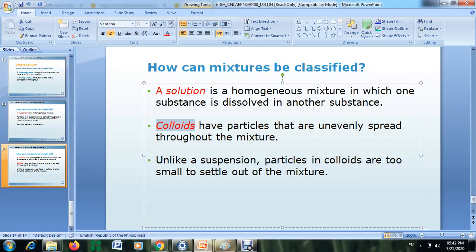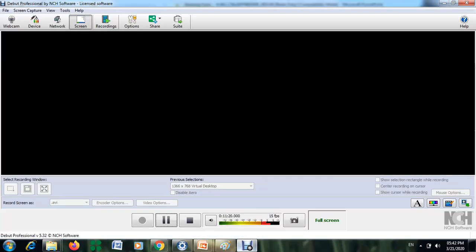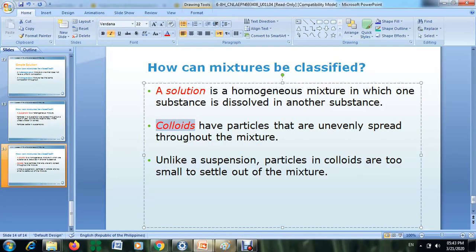Now I'll give you examples for each one of them. For suspension, you have the example of a snow globe. If you look at it, it's a suspension. Examples of solution are alloys, like steel. For colloids, the example is gelatin or milk.